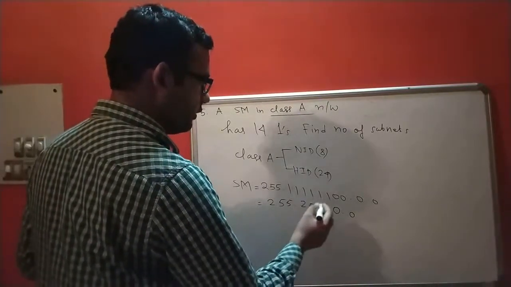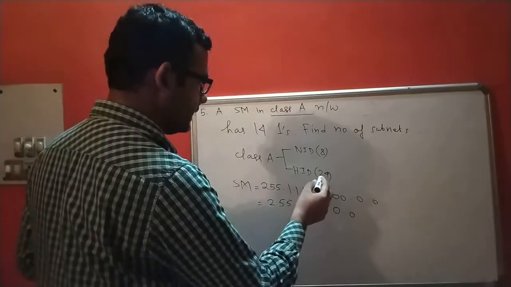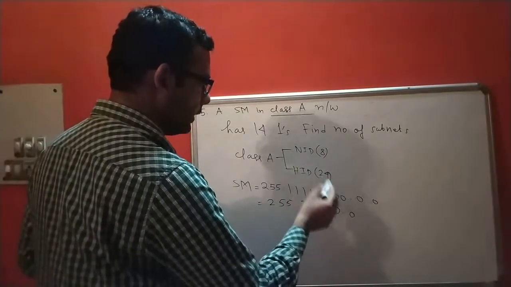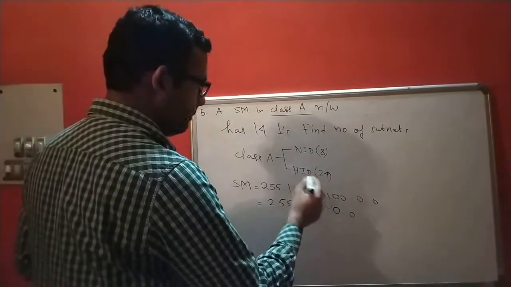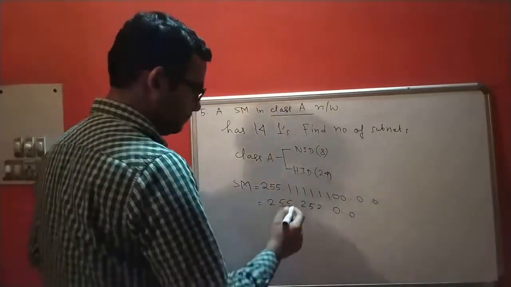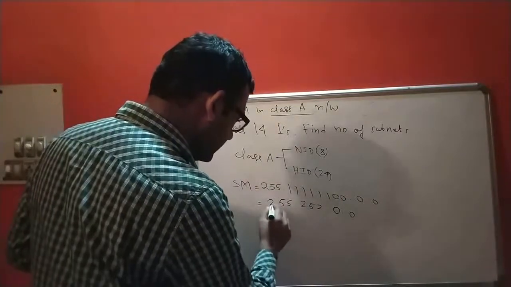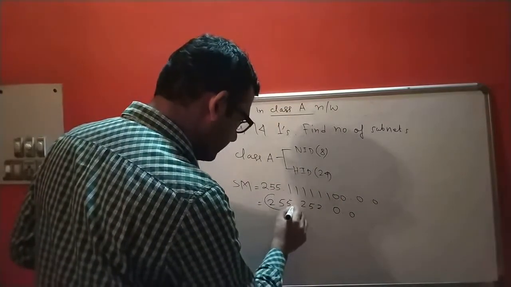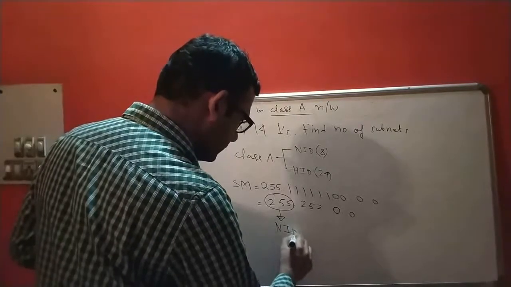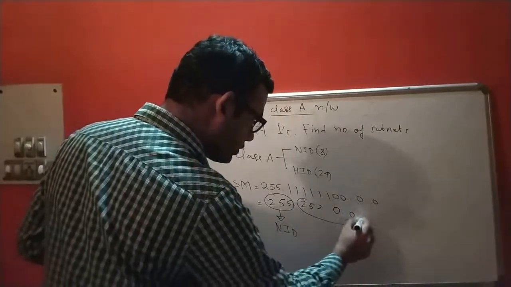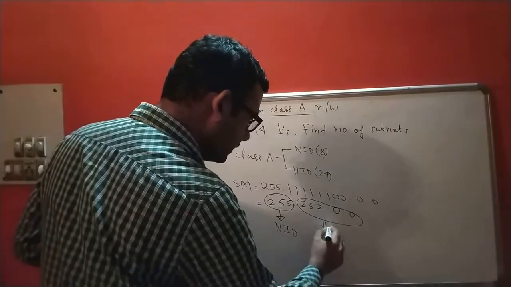From the host ID, we know that class A has a host ID of 24 bits. In my subnet mask, I am performing subnetting. This portion of my subnet mask represents the network ID, and this entire portion of 24 bits represents my host ID.